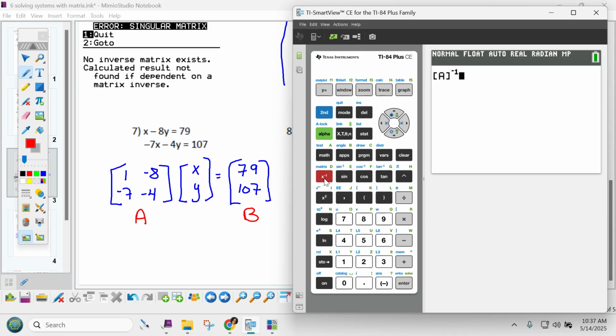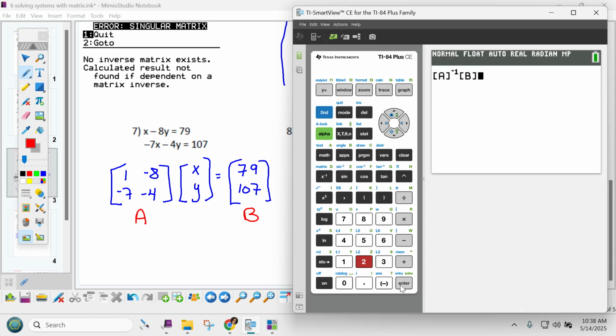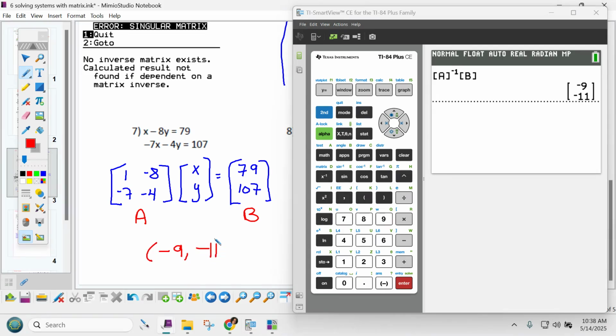So I click the inverse notation button. Then go second matrix, stay on names. I need B. Now it's going to multiply, and we get the coordinate -9, -11. So these two lines intersect at the point -9, -11.